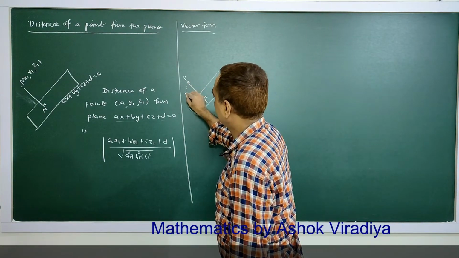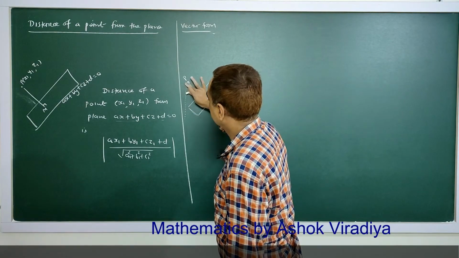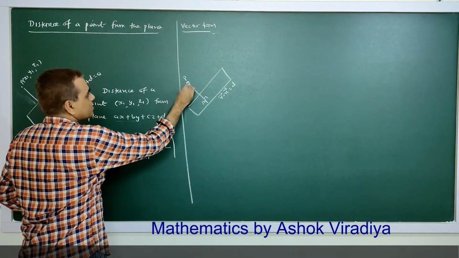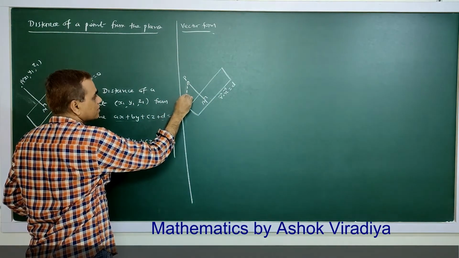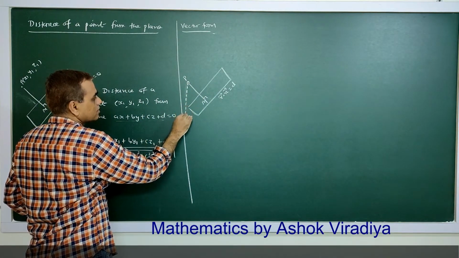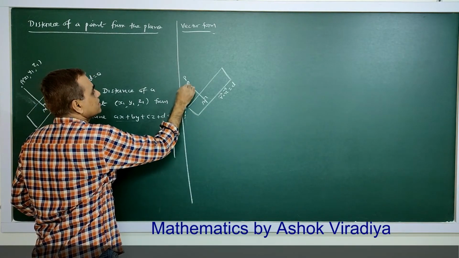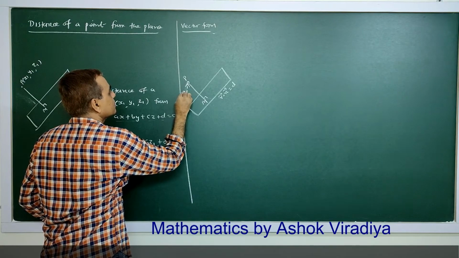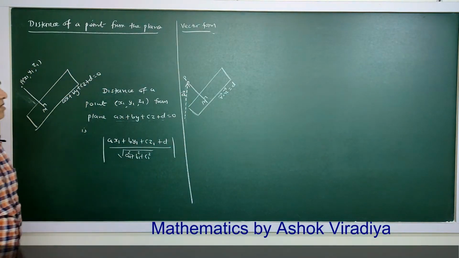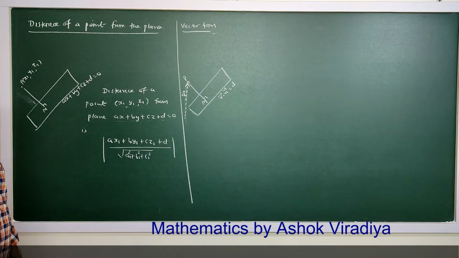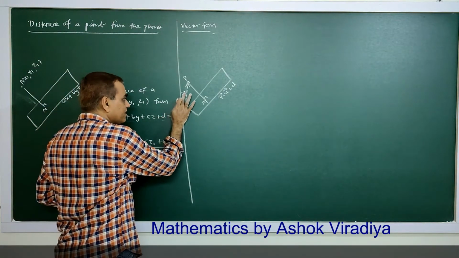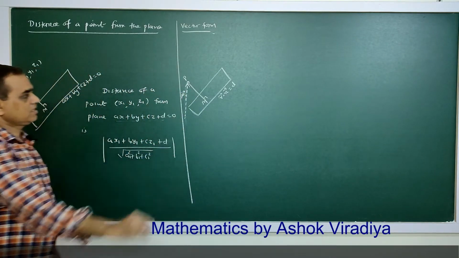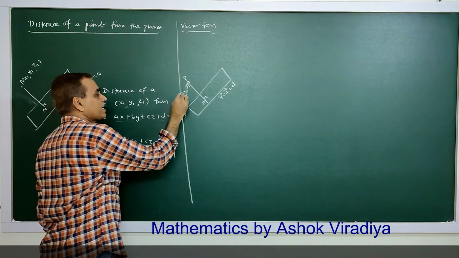Suppose position vector of this point here, suppose that this is vector a, or we use a different symbol. Suppose this is vector p, position vector of p is vector p.